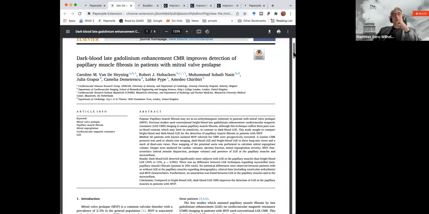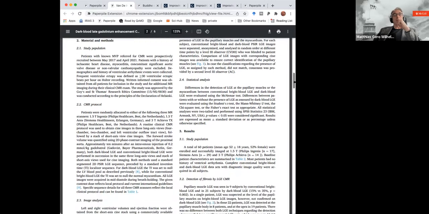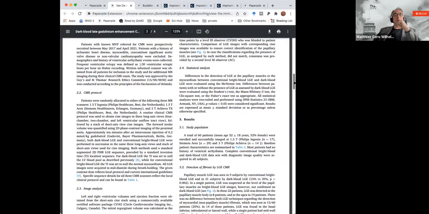If we look through the methods, it was a 1.5 Tesla system, with a standard dose, or actually a slightly higher dose than what we are using, of 0.2 millimoles per kilogram gadobutrol.